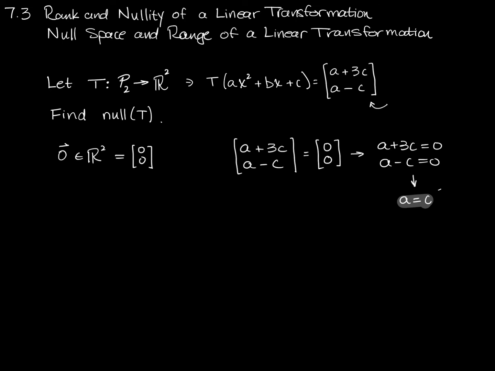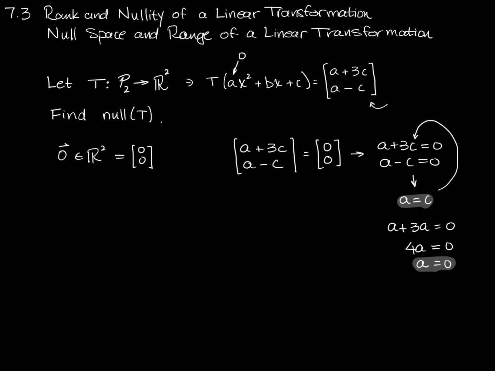And if a equals c, let me highlight that because it's an important result. If a equals c, then I can plug either a or c. I just plug a back in there. Because a and c are equal, I can replace c with a. So now I have a plus 3a equals 0, or 4a equals 0, or a equals 0. That's another important result. I now know the value of one of my coefficients here. It's 0.